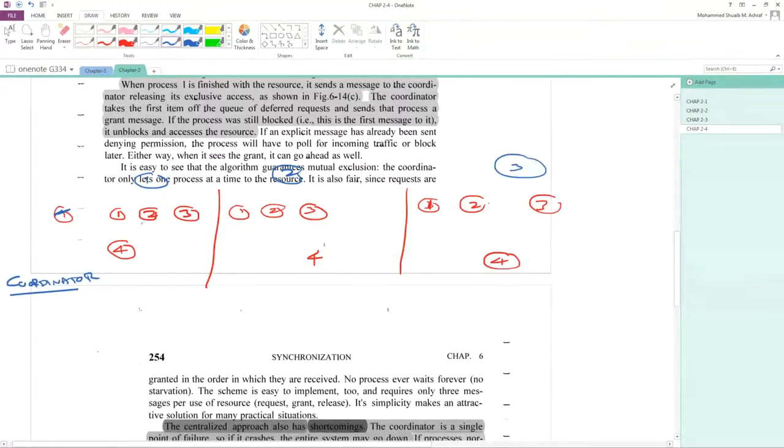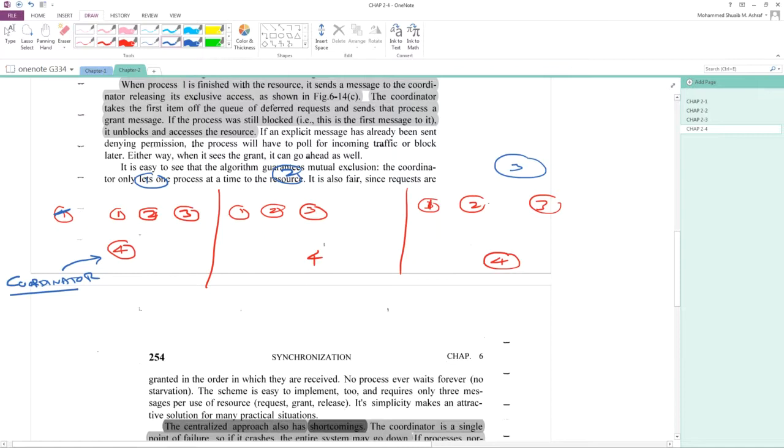Again, here it is only for knowledge: among 1, 2, 3, 4, the number that is biggest is always the coordinator. So tell me, who is the coordinator here? Tell me who is the coordinator. Yes, process number 4 is the coordinator.